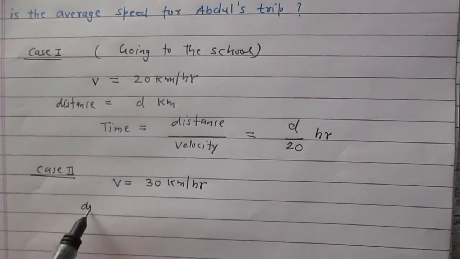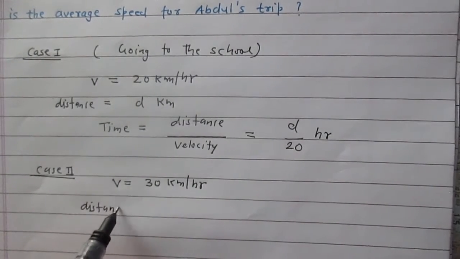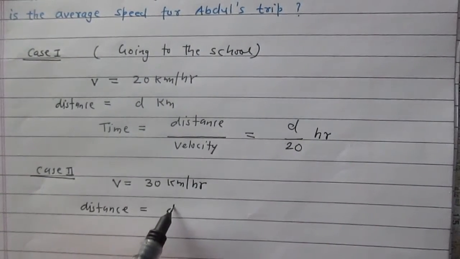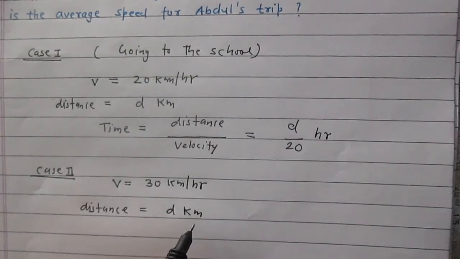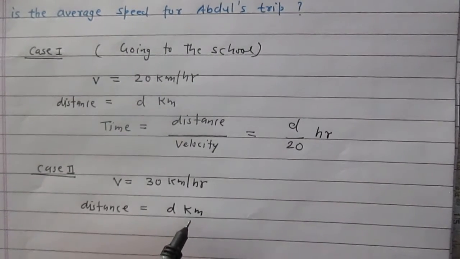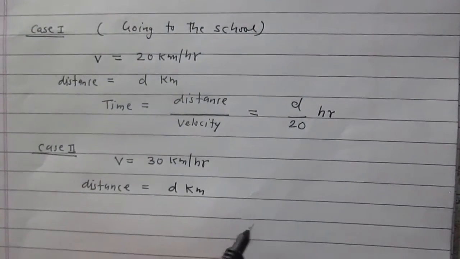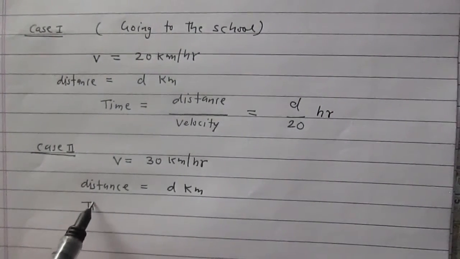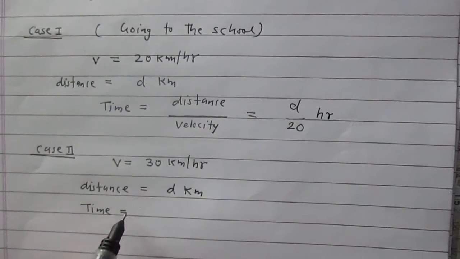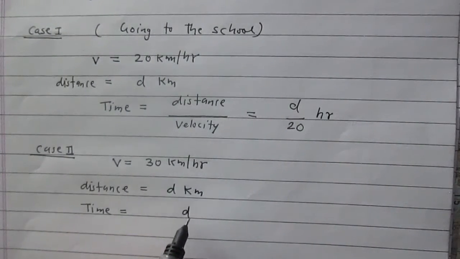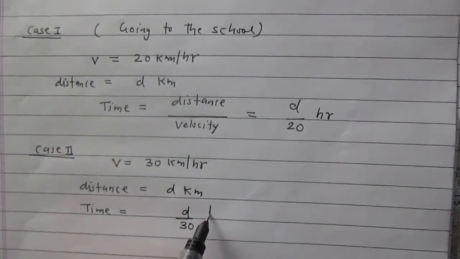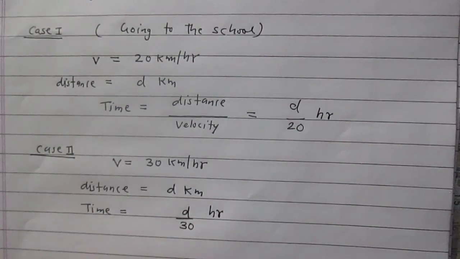The distance traveled by Abdul in case 2 is D kilometers, the same distance as he traveled in case 1 because of the same route. Now the time taken by Abdul this time will be D upon 30 hours.